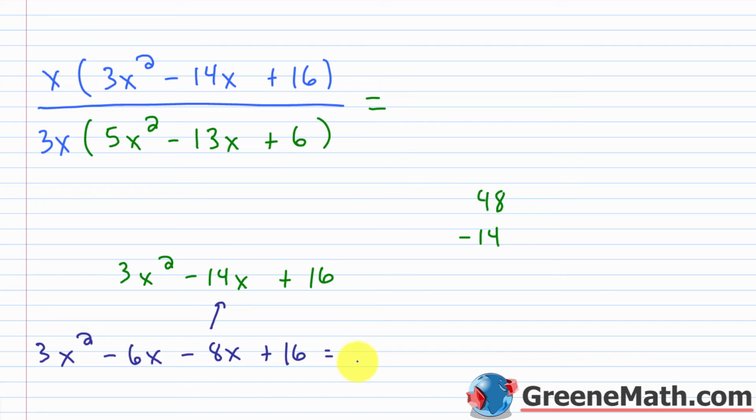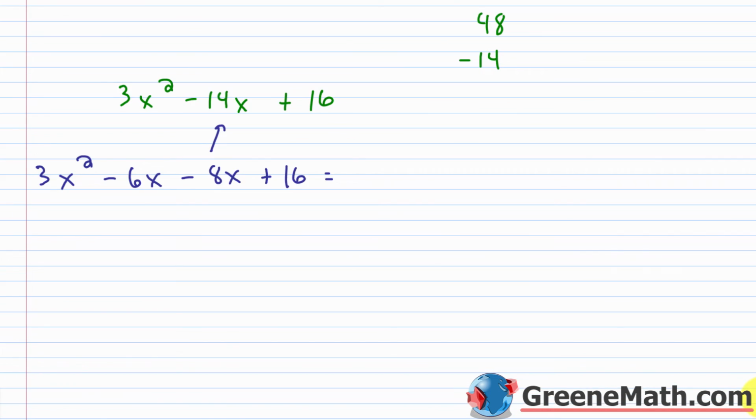From the first group here, I could pull out a 3x. I'm going to be left with x minus 2. From the second group, to match the signs, I'm going to pull out a negative 8. That would leave me with x minus 2. So I have that common binomial factor of x minus 2, and I want to bring that out.